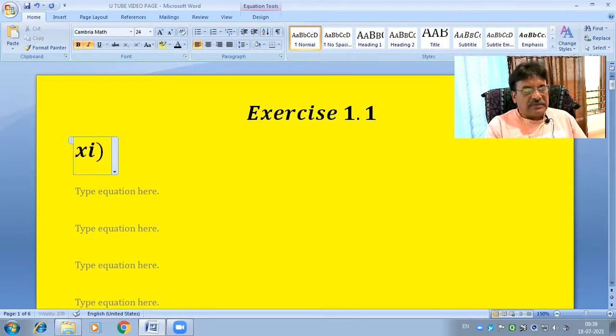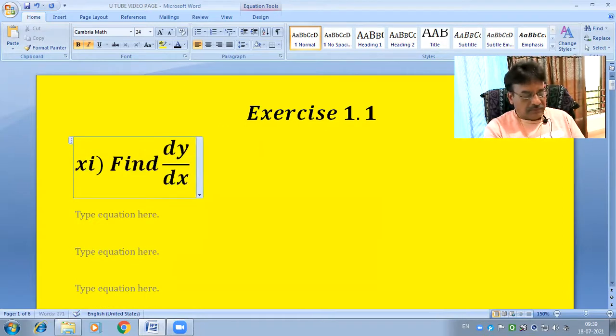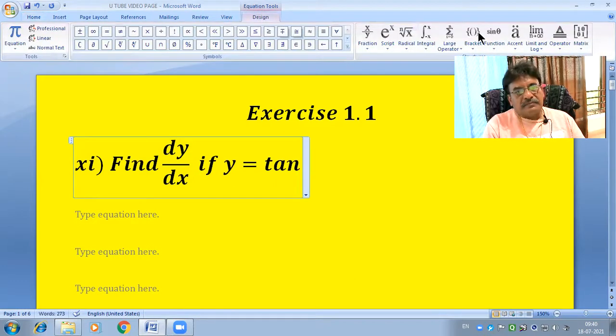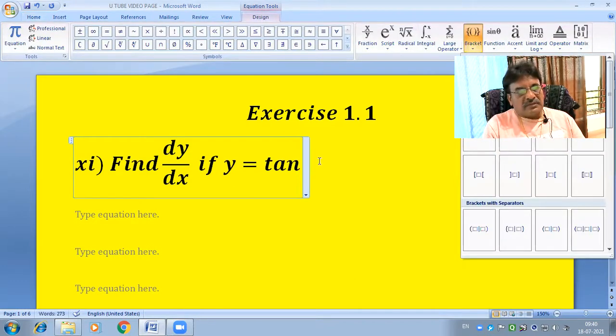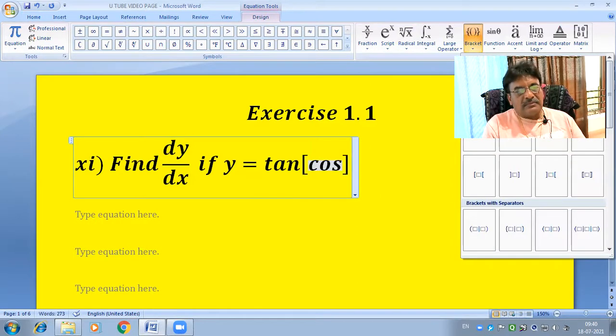In this problem, we find dy by dx if y equals a composite function. So we find dy by dx if y is equal to tan of cos of sin x.